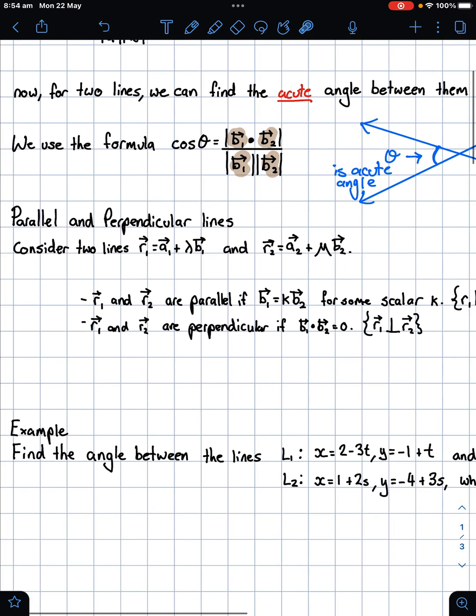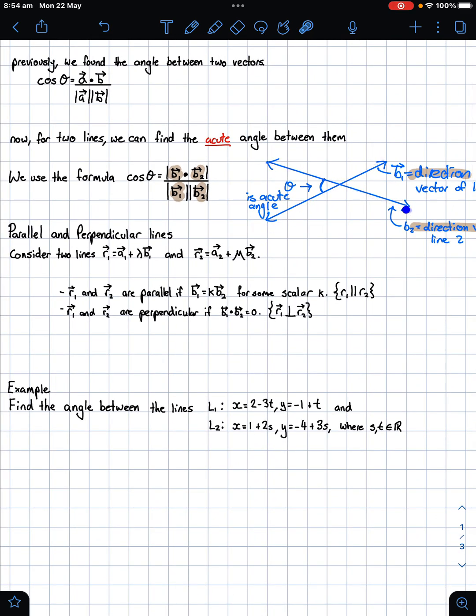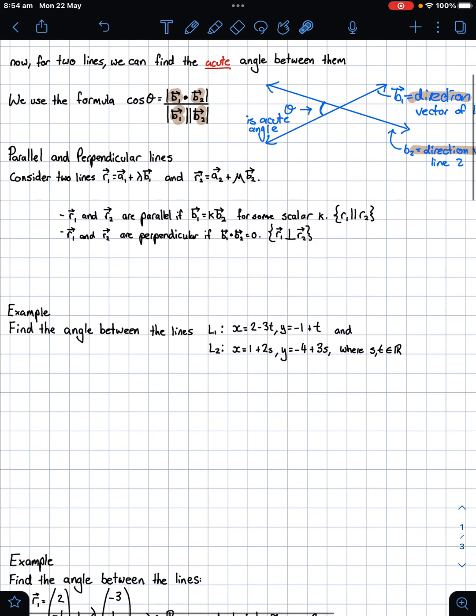Now, in 2D, the lines will cross unless they're parallel. But just be aware that in 3D, we're going to go into this more later, for the minute we're just going to be practising calculating these. In 3D, you're not guaranteed that the two lines intersect, even though they might have an angle between them.